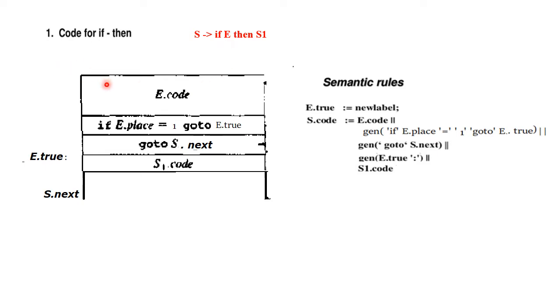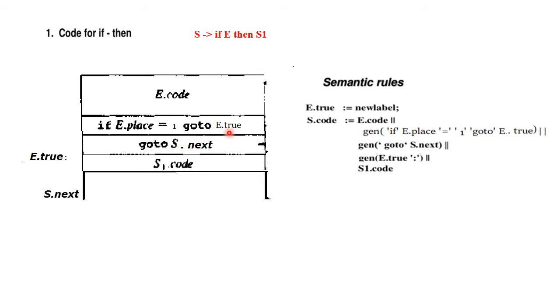In this explanation, we are discussing the flow of this if statement. E.place holds the current value of this expression E. That value can be either 1 or 0. If E.place equal to 1, go to true part. That means go to E.true.